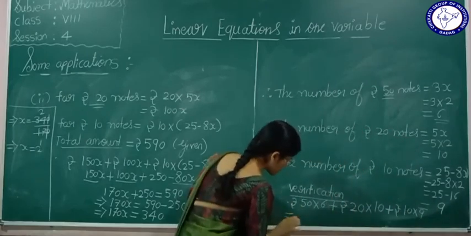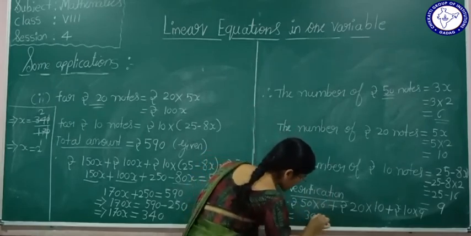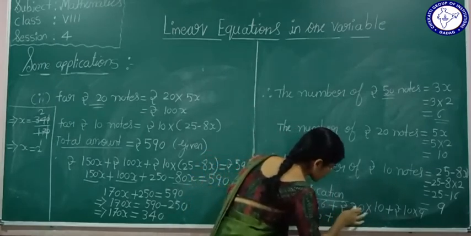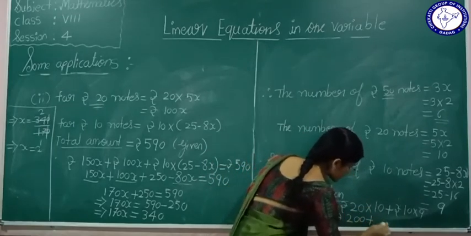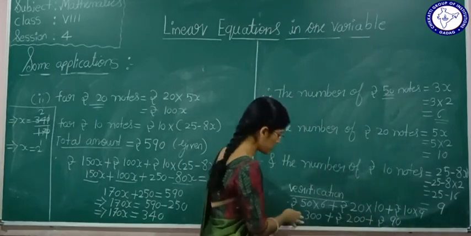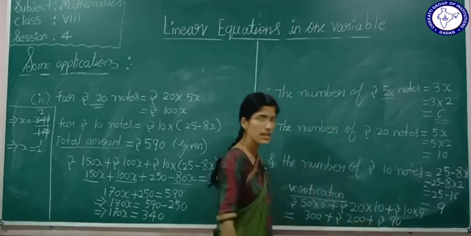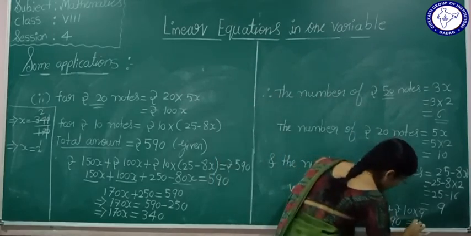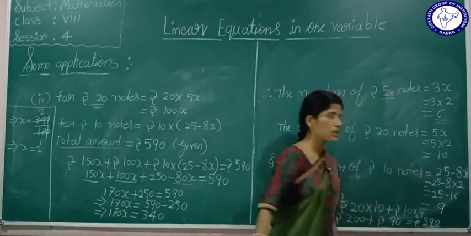Now we will do the simplification. 50 sixes are 300 plus 20 into 10 is rupees 200 plus rupees 10 nines are 90. 300 plus 200 is 500. 500 plus 90 is rupees 590. Yes or no? She has a currency of 590 rupees.